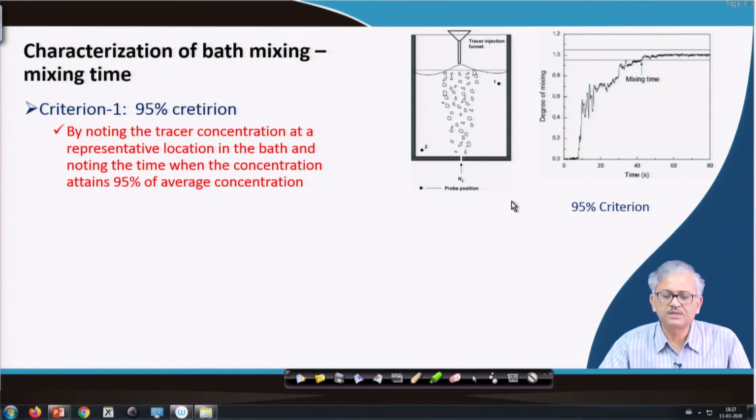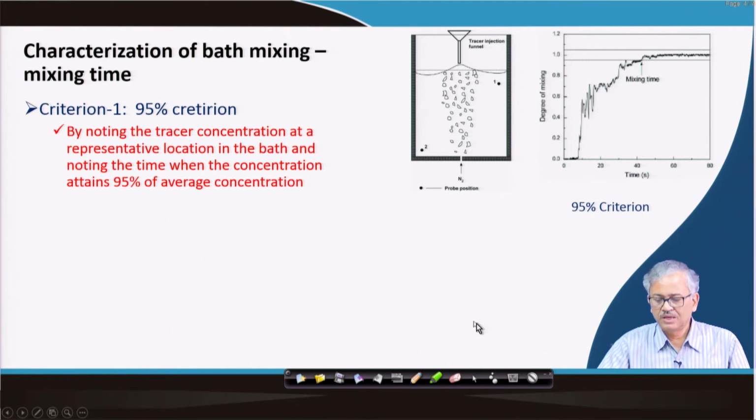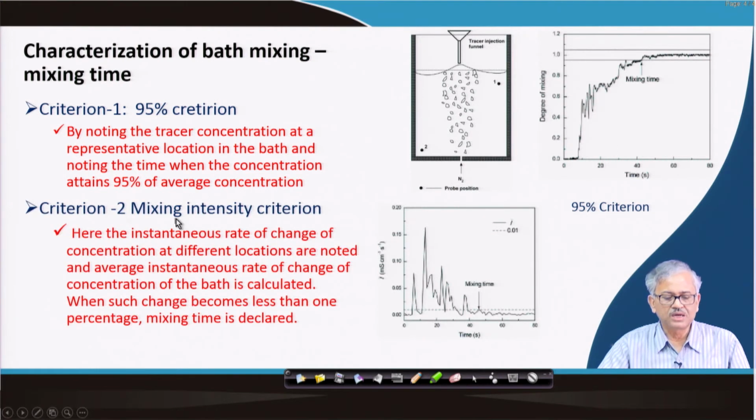So this is one criterion, called the 95% criterion, and you have another criterion, criterion 2, called the mixing intensity criterion.